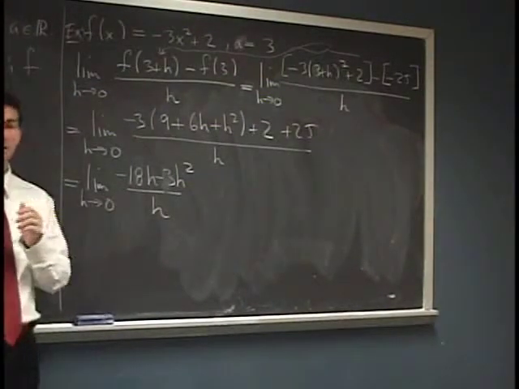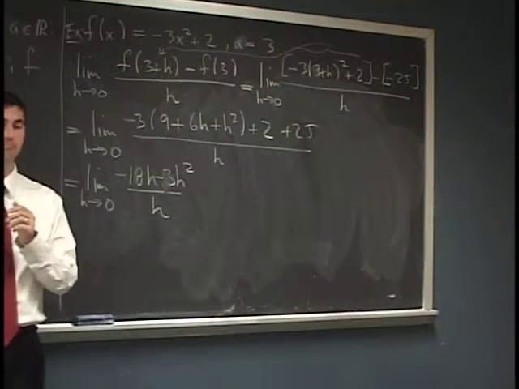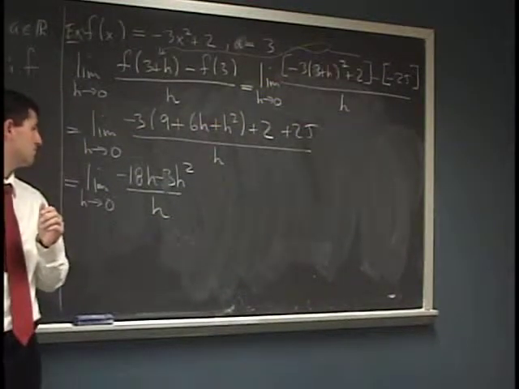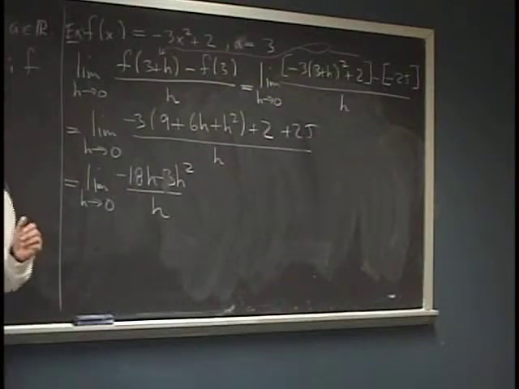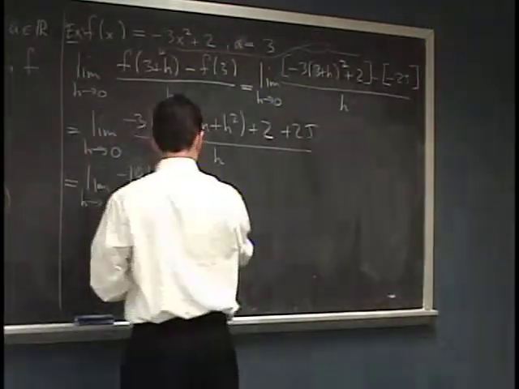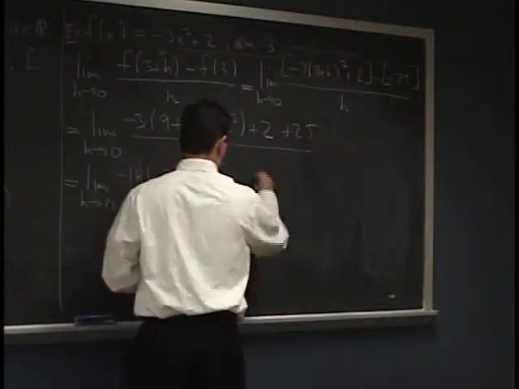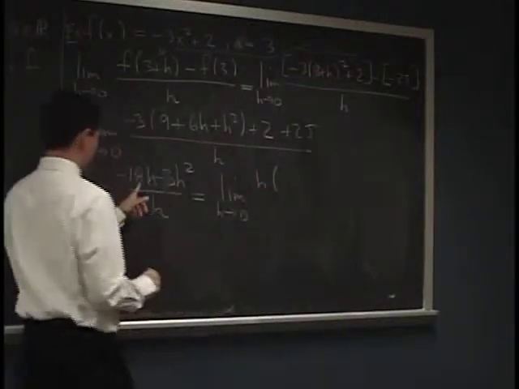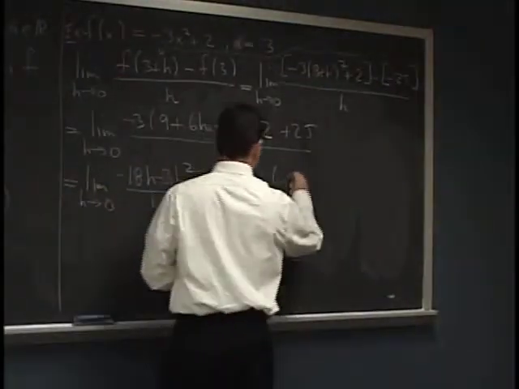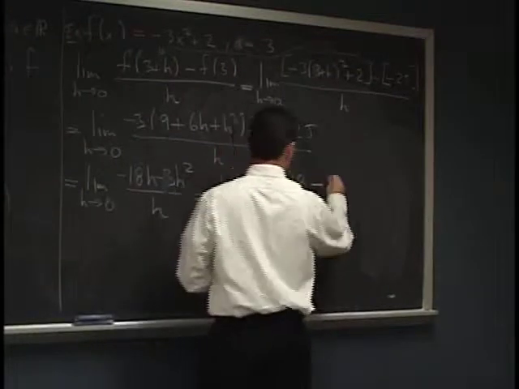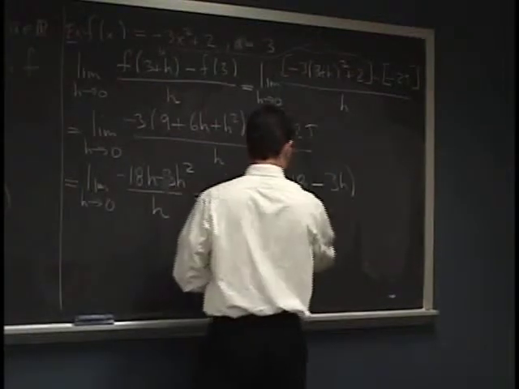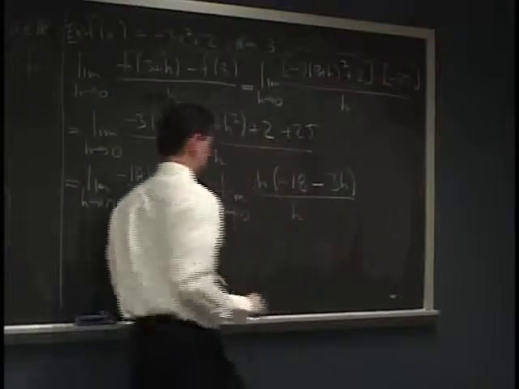No, h. Oh, yeah. Okay, well, let's try h. Then maybe we'll try h squared. Okay, so we'll take an h out of the top, and I get -18 minus 3h, and I divide by h.